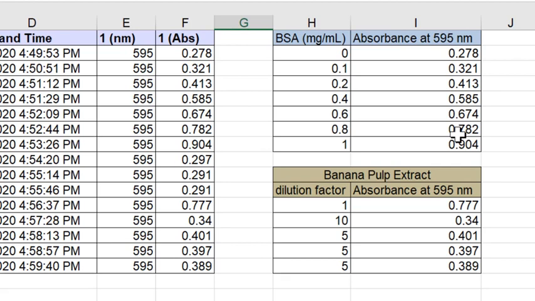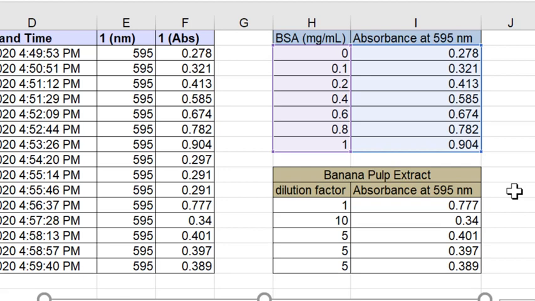So you should have the expectation that your banana pulp extract will have a protein concentration roughly similar to the 0.8 milligram per milliliter. I'll now use the data of the banana pulp extract to calculate the protein concentration based on the bovine serum albumin standard curve.